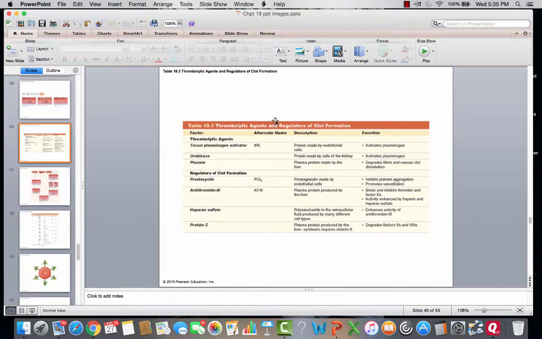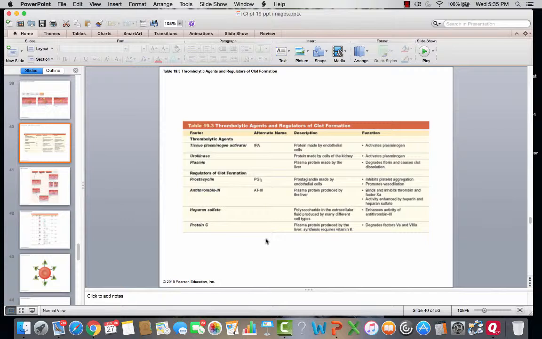So some of the different thrombolytic agents and regulators of clot formation are listed here. Regulators of clot formation: prostacyclins, antithrombins, heparin sulfate, protein C. These are some of these different regulators of clotting and clotting disorders. Those are described for you on page 744.